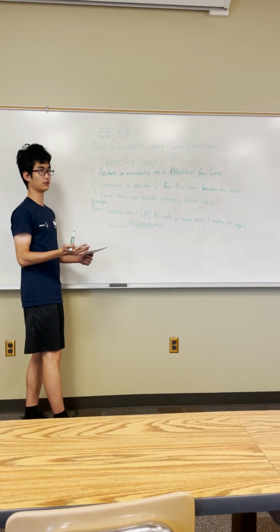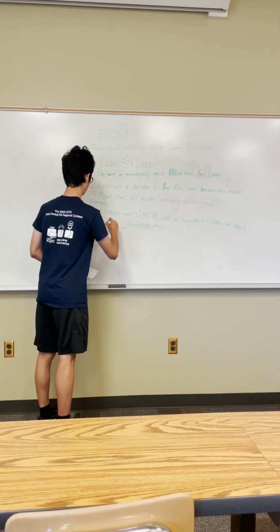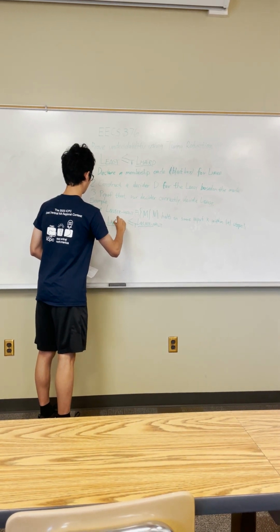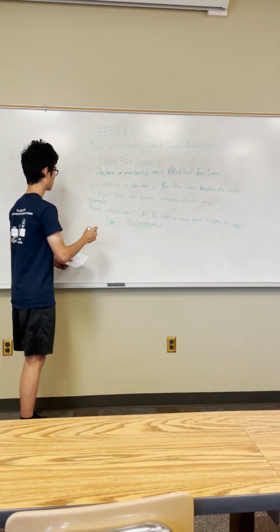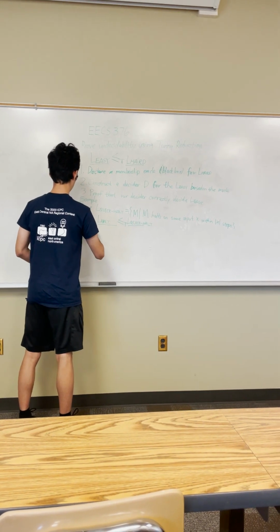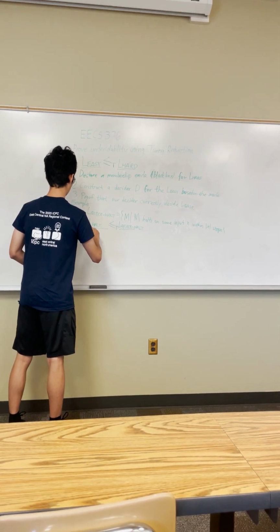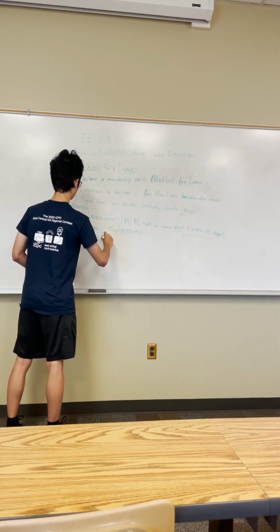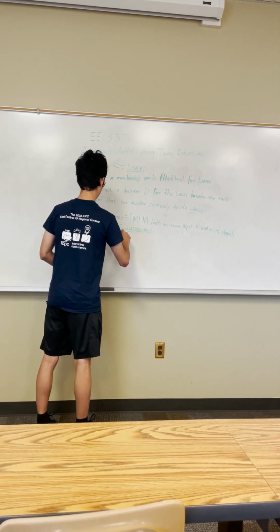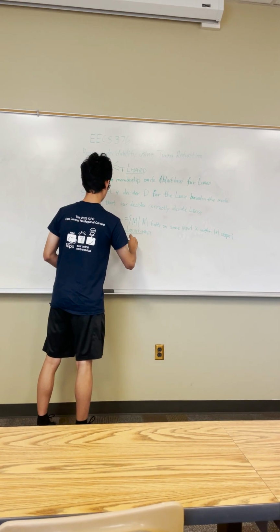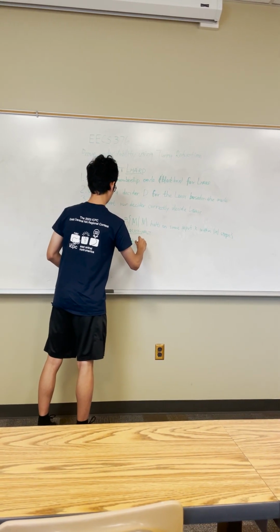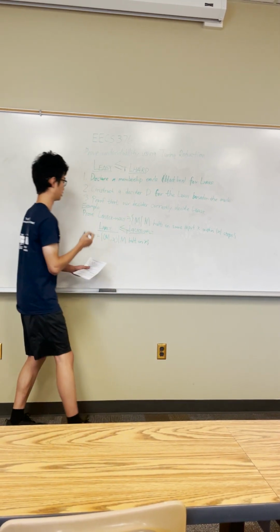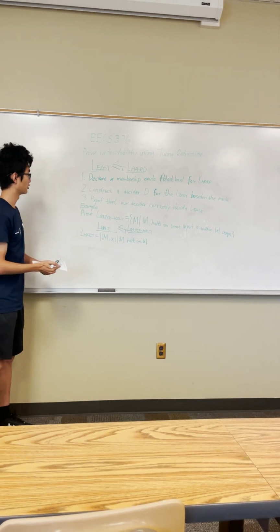So we think about L halt. So let's quickly recap what L halt means. It takes a tuple of a Turing machine and an input, and it means that M will halt on x. That's its definition.